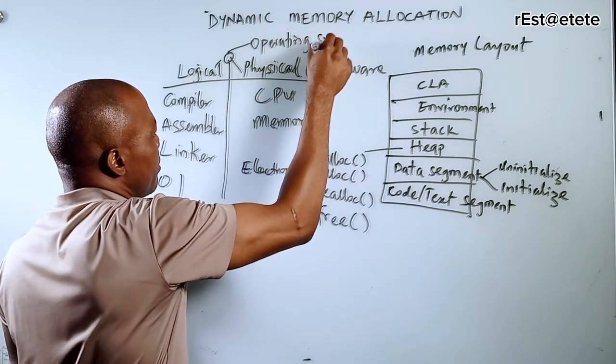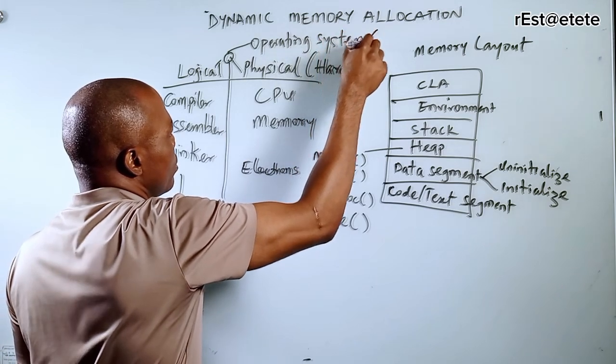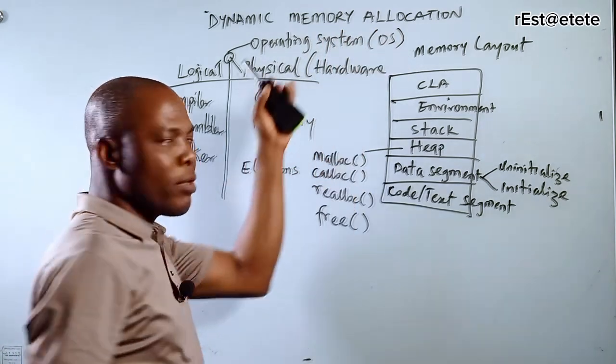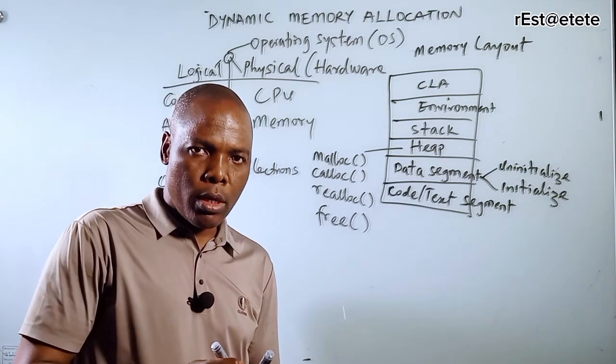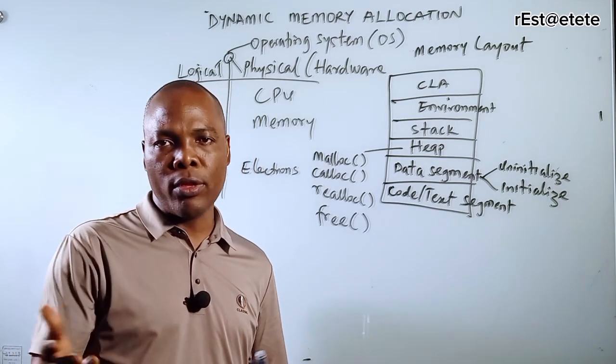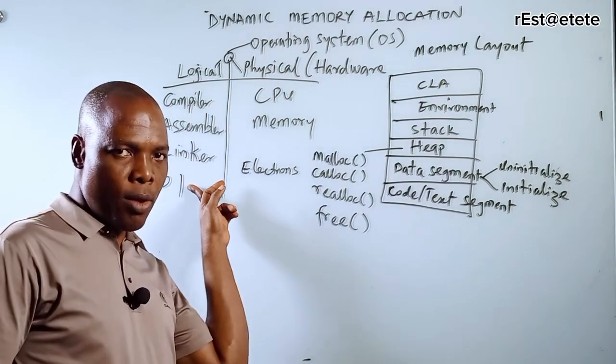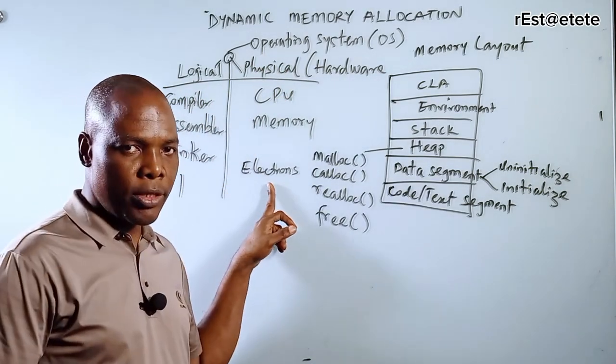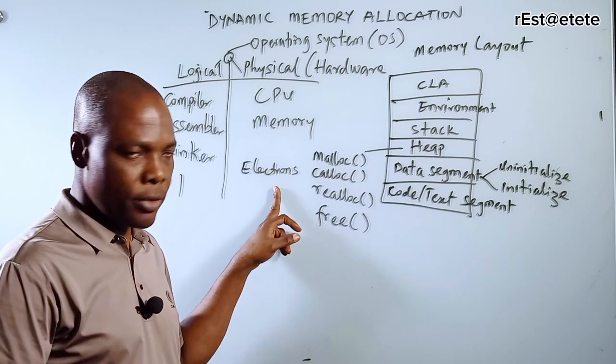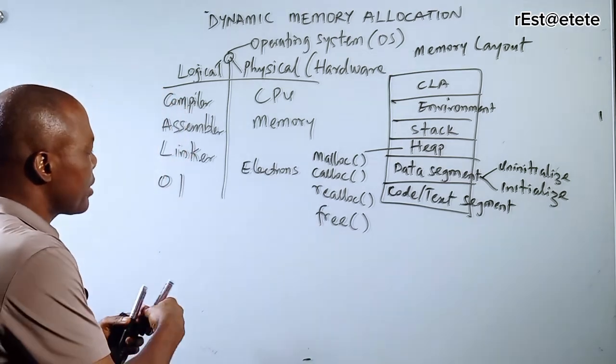The operating system, like Windows. So that is the OS. Example of that is what? Your Microsoft Windows operating system, or Linux, or Mac. So this is the one that understands the 0 and 1, and also understands the electrons.